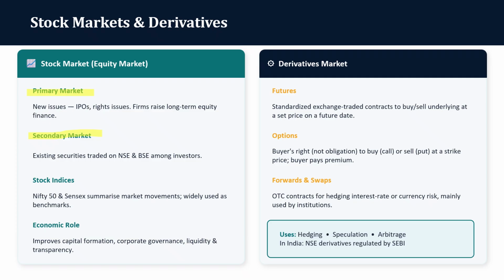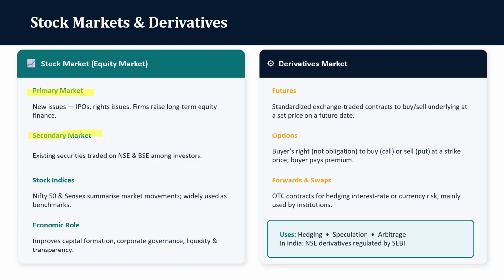In the secondary market, existing securities are traded among investors on stock exchanges such as the National Stock Exchange and the Bombay Stock Exchange. Here, investors buy and sell shares from each other. The company does not get new money, but shareholders get liquidity.